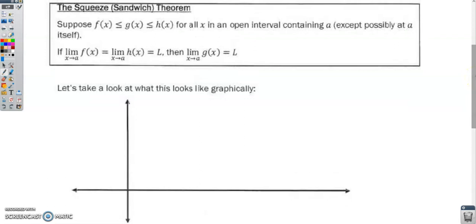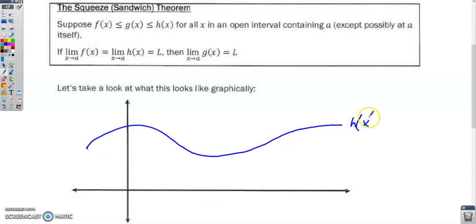First of all, we've got this function h of x. There's my generic h of x. And we've got this other function g of x. Well, let's do f of x next. We've got this other function f of x.